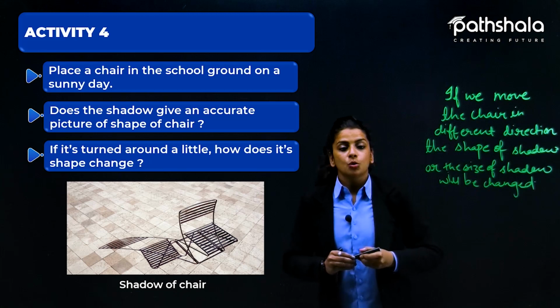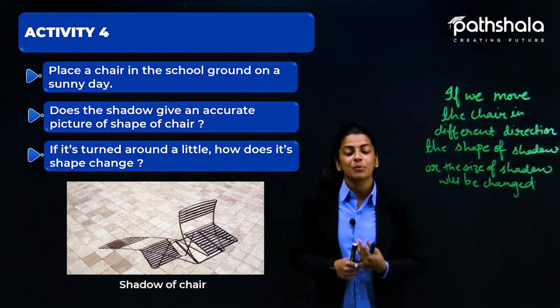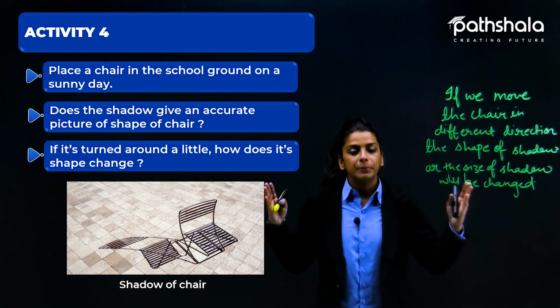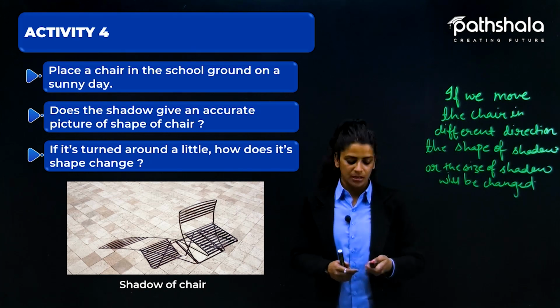Yes, तो अगर हम उसको थोड़ा साइडवेज घुमाते हैं तो either the shadow of the chair will be bigger, longer, or it will be shorter. Shape of the shadow, yeah.